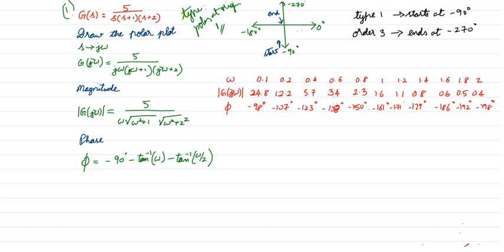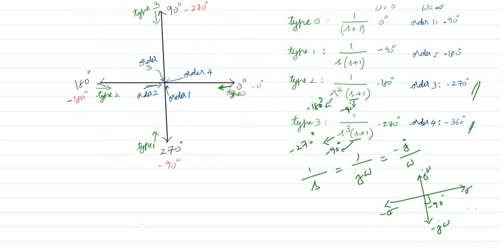Total number of poles. So order is 3. Okay. So we have seen from the previous slide, type 1 means it is starting at minus 90 degree. Order 3 means it is going to terminate at minus 270 degree.